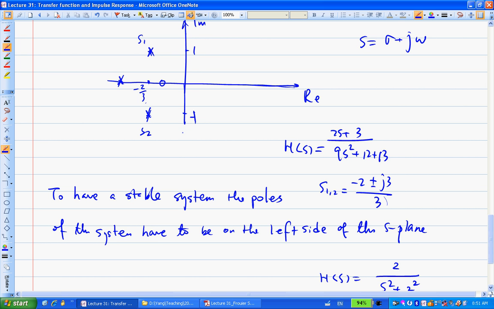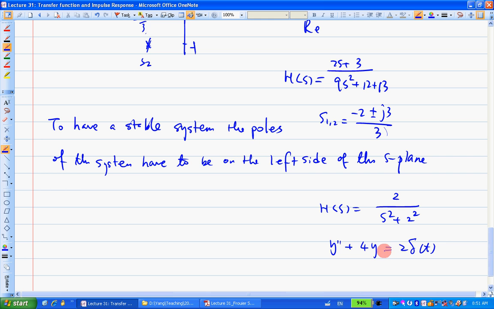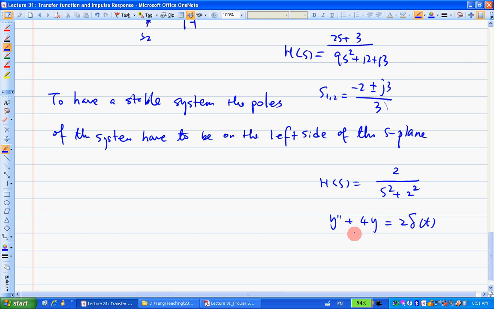And if you try to solve the homogeneous one, set equal to 0, what's yH for this system? The homogeneous solution, you remember that? Cos 2t times C1 plus sin 2t times C2.